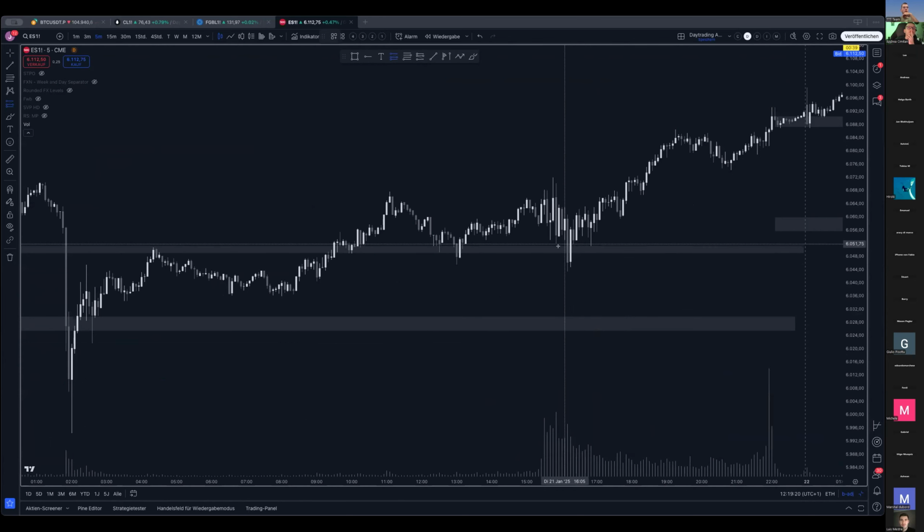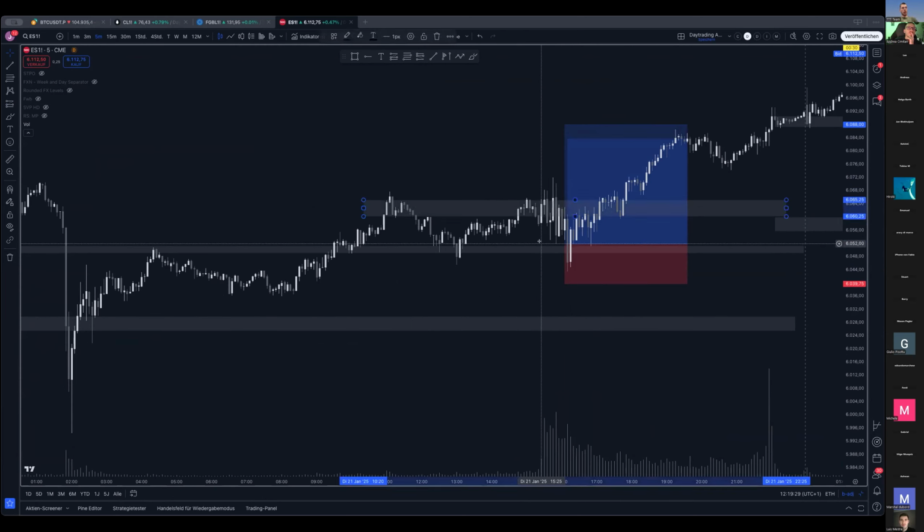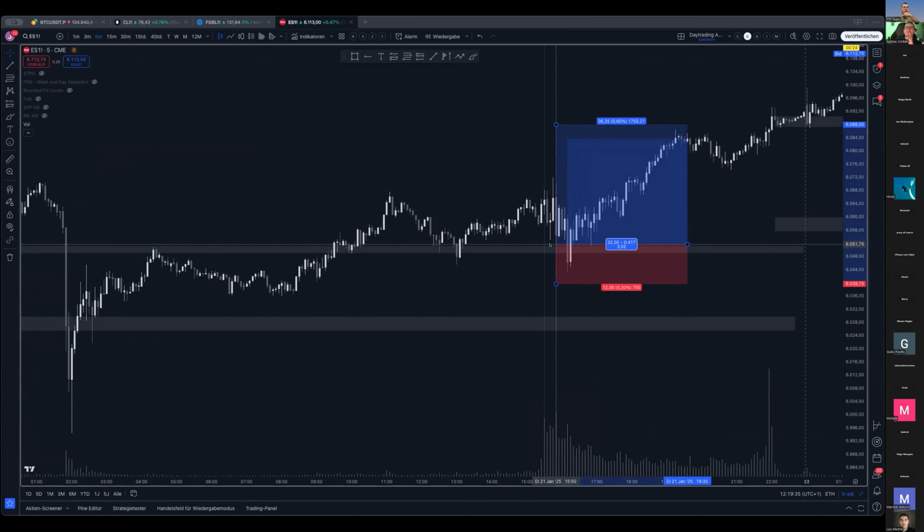So we would just set a limit as soon as there is the open, which is here. So there is the open. And as soon as there is the open, this is our area of support.